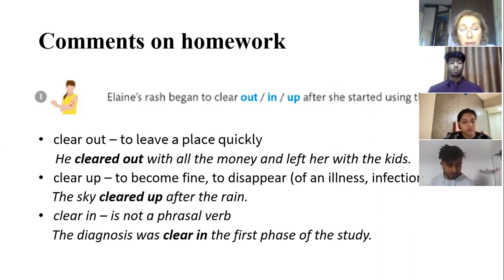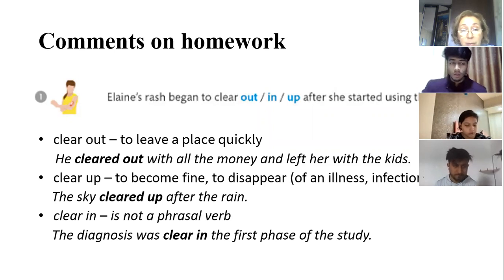And you see that depending on the particle, the verb clear changes its meaning. If we have the phrasal verb clear out, it means to leave a place quickly, like it's given in the example: He cleared out with all the money and left her with the kids. So this is, he left her, right?